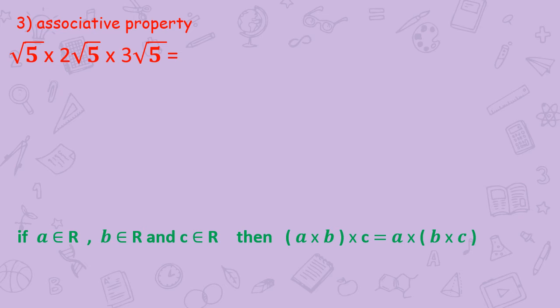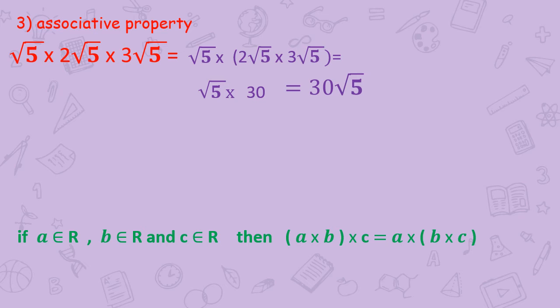If we start by multiplying 2 root 5 times 3 root 5 at first, now root 5 times the bracket 2 root 5 times 3 root 5: 2 root 5 times 3 root 5 equals 30. Root 5 times 30 equals 30 root 5.